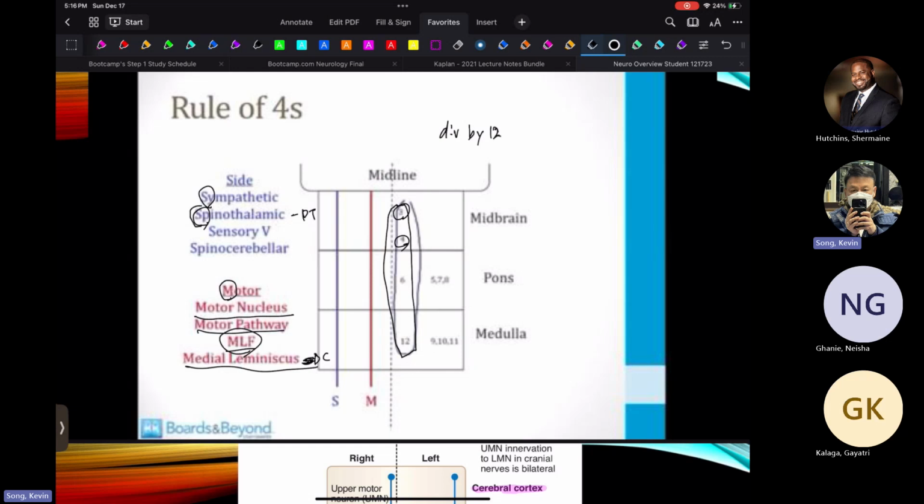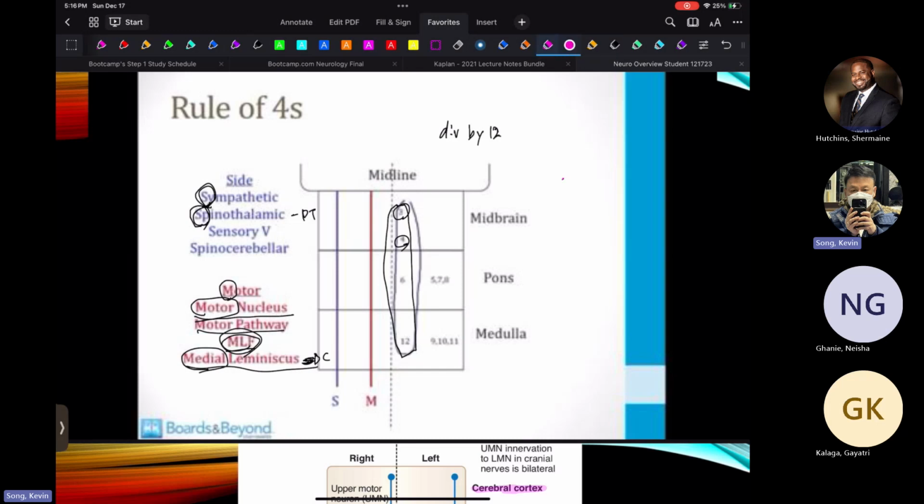So you need to know these two things. Here, you need to know motor, and then medial lemniscus, and then MLF. Those three things you need to know.